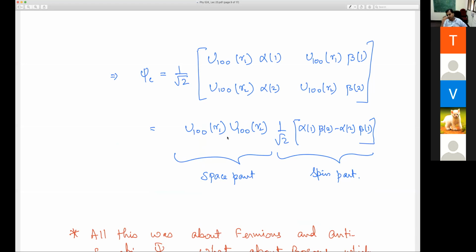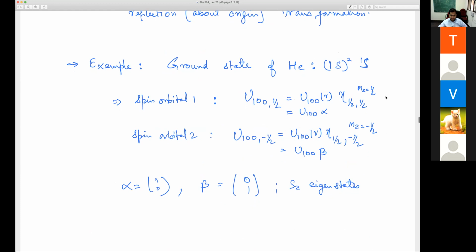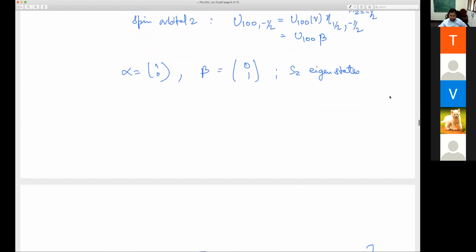For the symmetric part of the space wave function, there are combinations; if there's some other orbital, I can have a product of those also, and for two orbitals I can have the symmetrized sum or difference of the two products. And here the spin part comes out to be the spin singlet. I think I mixed up a bit when I wrote this down, but you sort this out.